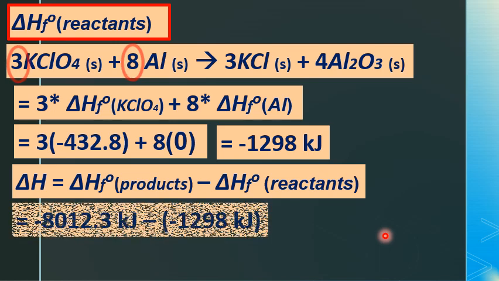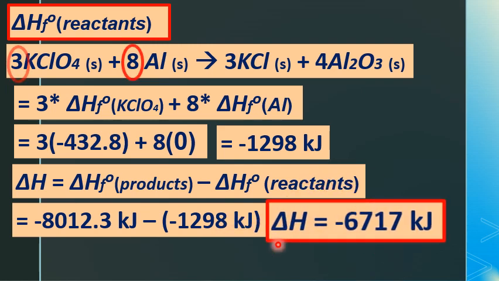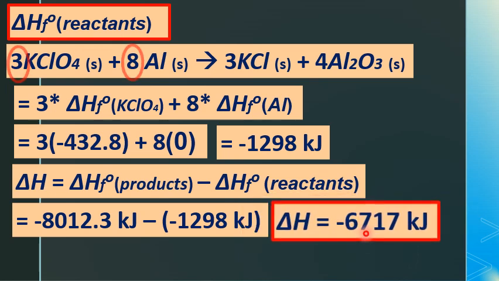When we substitute the standard delta HF for the products, which is negative 8,012.3 kilojoules, minus that of the reactants, which is negative 1,298 kilojoules, we will get the delta H, or the change in enthalpy of the reaction, equal to negative 6,717 kilojoules.